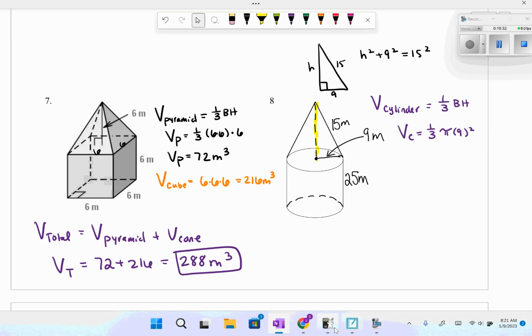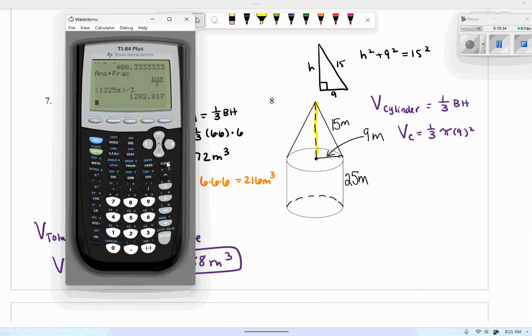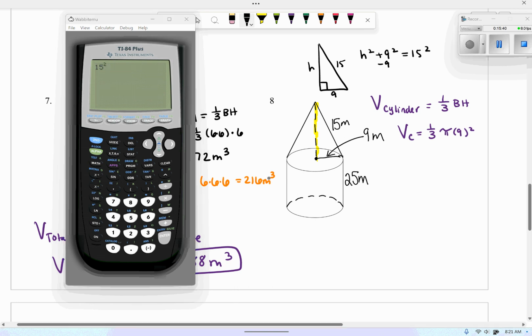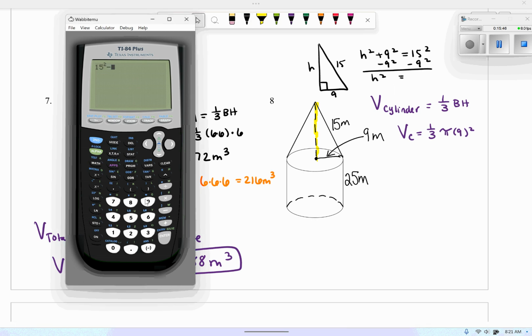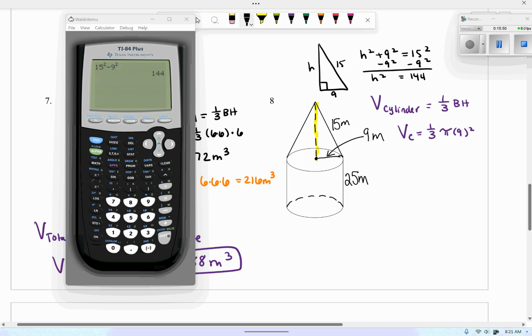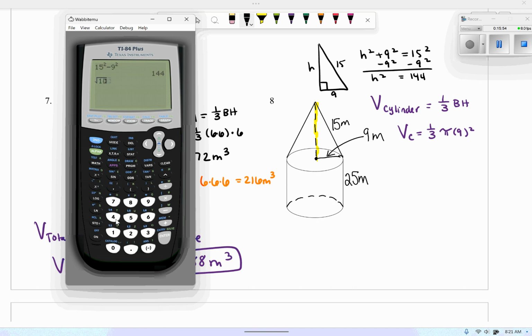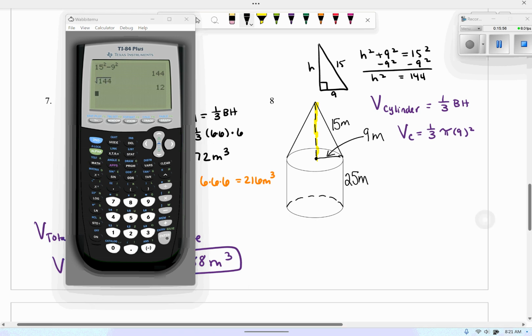Notice we have to subtract 9 squared to the other side. So 15 squared minus 9 squared gives us 144. Of course, if you take the square root of 144, you're going to get 12, but you can use your calculator if you need to. So h is equal to 12, and we're going to use this as 12.